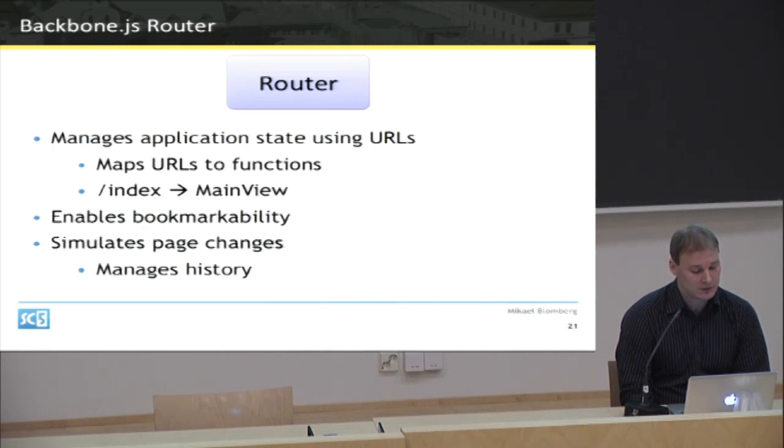It's easy to share bookmarks with friends, and then they will see the exact same application state as you. The router will simulate page changes, and it will manage the history for you. In the example, we're going to look at that more closely.